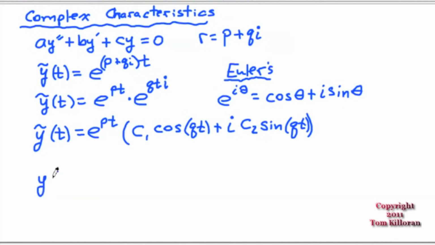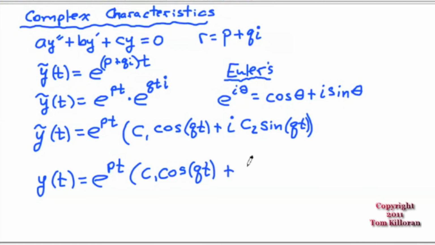So y of t is going to equal e to the pt, c1 cosine of qt, plus c2 sine of qt. I guess another way of thinking about it is it's possible for c1 and c2 to be complex, and we just choose c2 so that when it goes I c2 it becomes a real number, and then we can call that, I guess, c3 if you really wanted to.